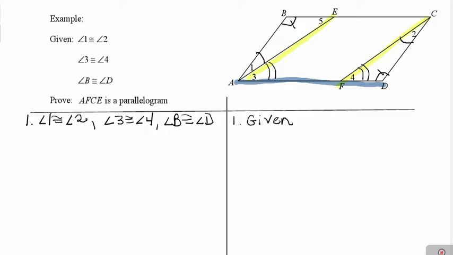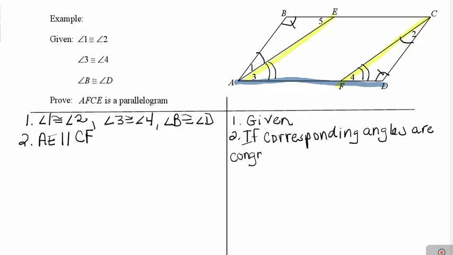So from there, we can say that AE is parallel to CF because if corresponding angles are congruent, then the lines are parallel. So now we have one set of sides that is parallel.